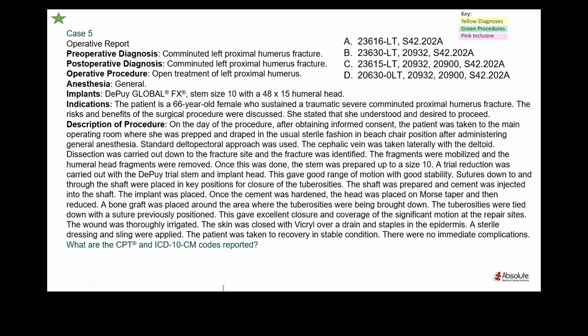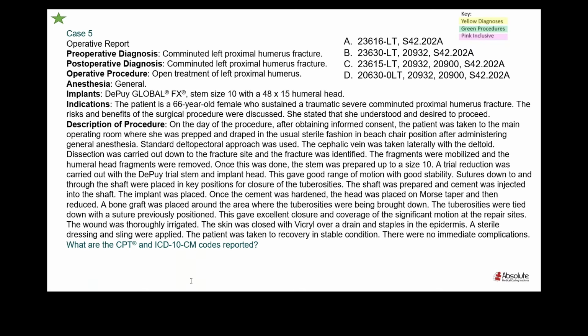Implants: DePuy Global FX, stem size 10 with a 48 by 15 humeral head. Indications: the patient is a 66-year-old female who sustained a traumatic, severe, comminuted proximal humerus fracture. The risks and benefits of the surgical procedure were discussed. She stated that she understood and desired to proceed.